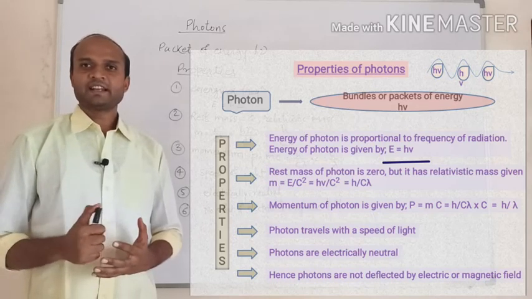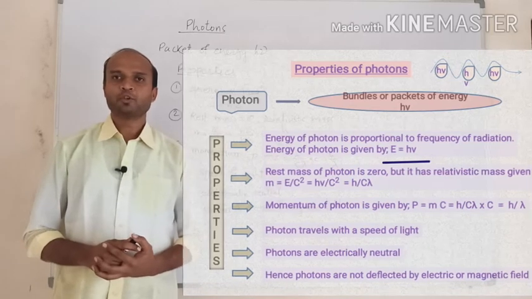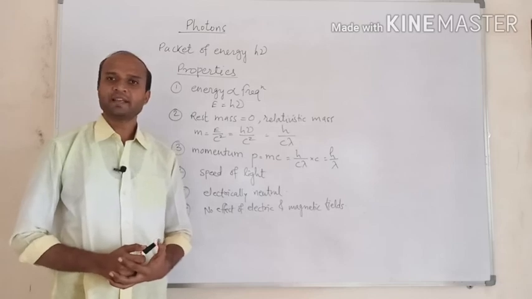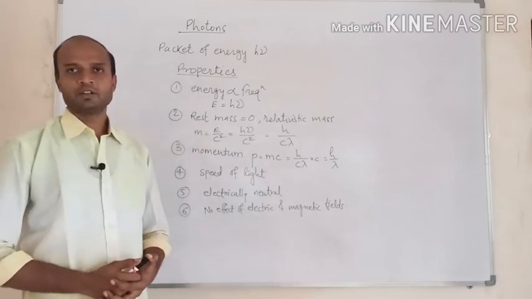So energy is directly proportional to frequency, and according to him, the energy of the photon E is equal to h nu, where h is Planck's constant and nu is the frequency of the radiation or light.